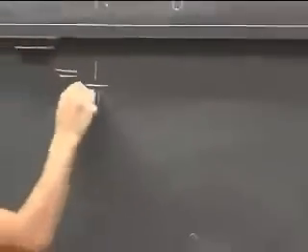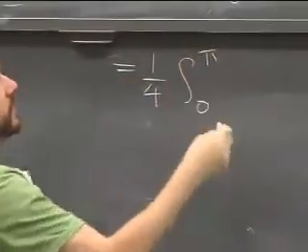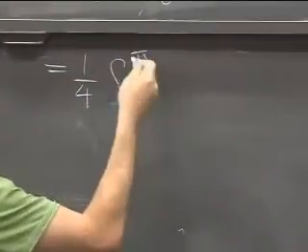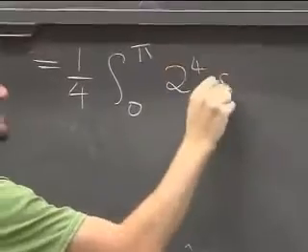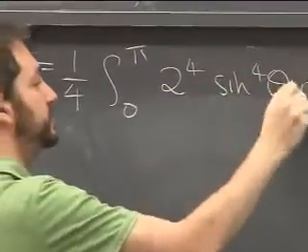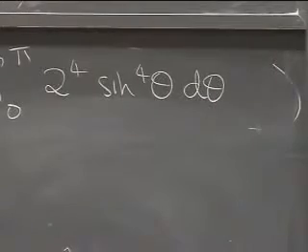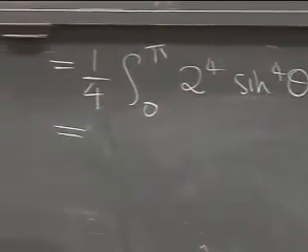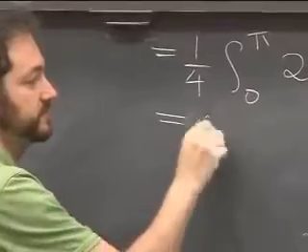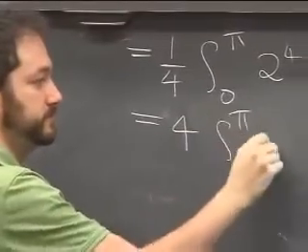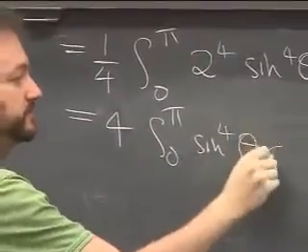And if you work this out, pull out the quarter, and you get 2 to the 4th sine to the 4th theta d theta. Aha! Now you see why I did all this trig stuff earlier.